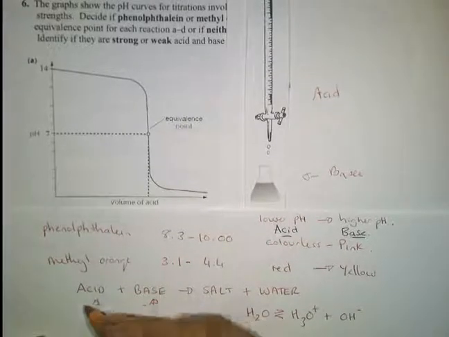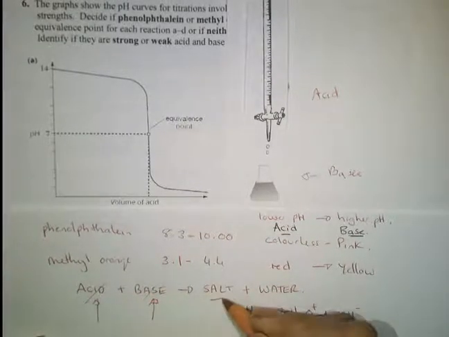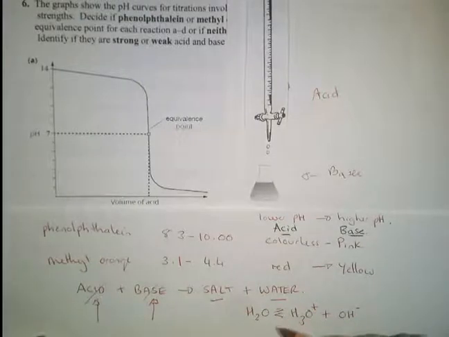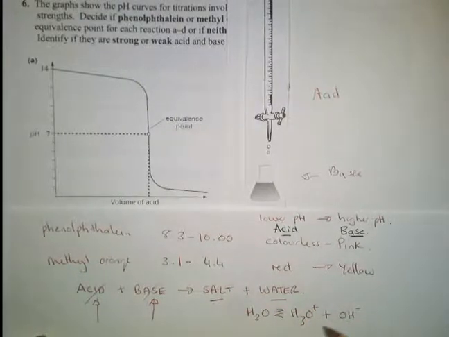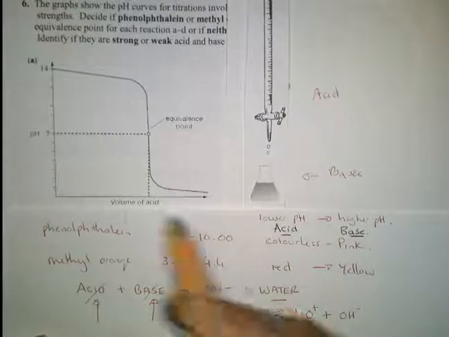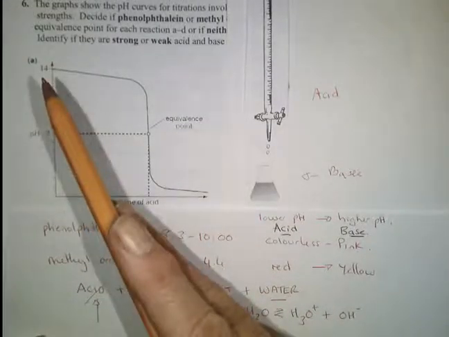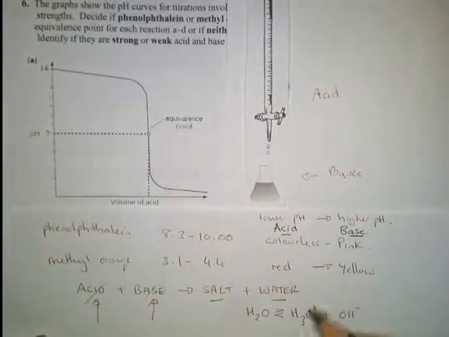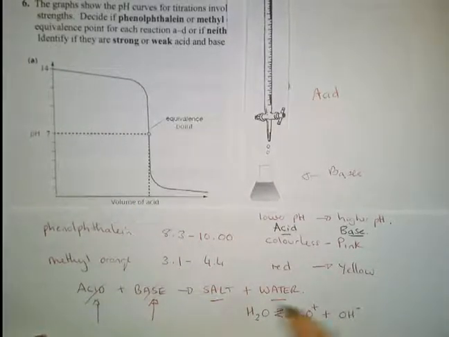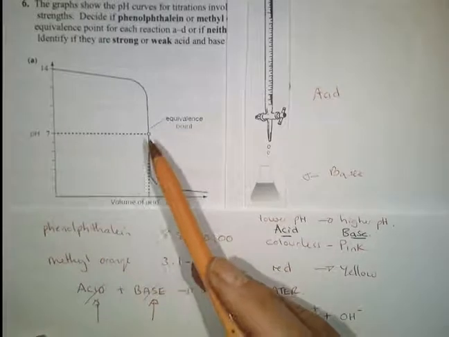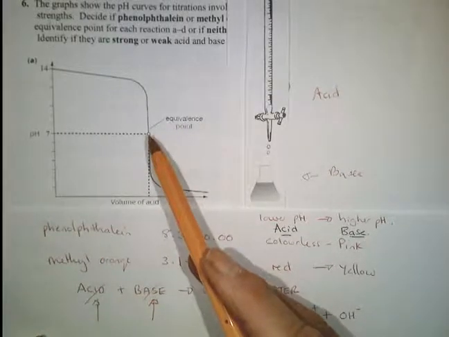So there's no more acid, there's no more base, and you just have salt and water at the equivalence point. So because water itself makes hydronium ions, you still have a pH. You still have a concentration because the pH scale is measuring the concentration of hydronium ions. So even at 7, just because there's water there, you still have a pH.